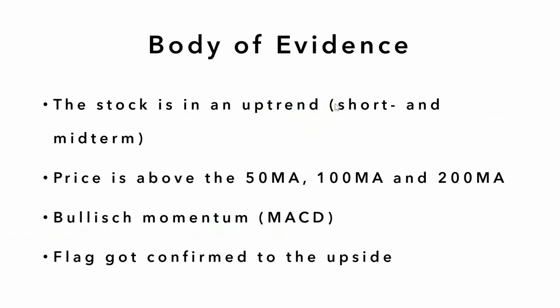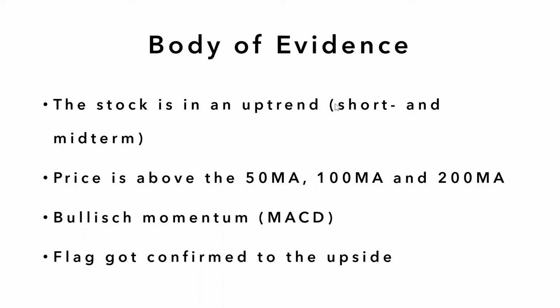Now let's sum this all up. This is what I call the body of evidence. We have seen that our stock is in an uptrend on the short-term and also on the mid-term time frame. We have closed above the 50, the 100, and the 200 moving average, so this is also a very bullish sign.